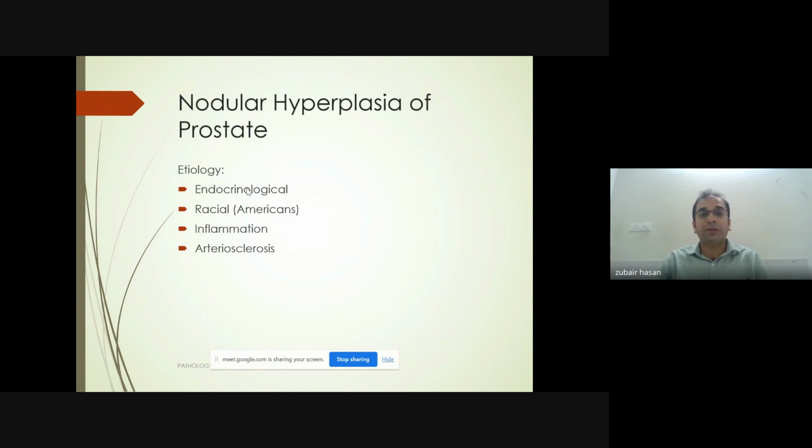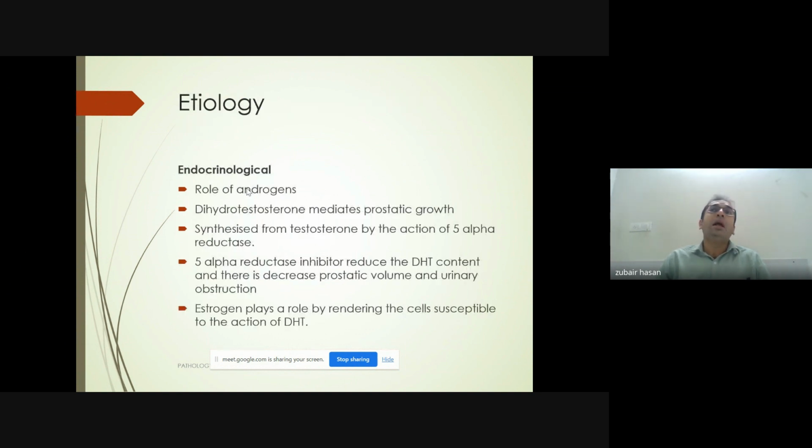What is the etiology? There are endocrinological factors, racial factors, inflammation, arteriosclerosis. BPH is androgen dependent. Dihydrotestosterone mediates the prostatic growth, synthesized from testosterone by the action of 5-alpha reductase. Therefore, 5-alpha reductase inhibitors help in reducing the DHT content, thereby decreasing the prostatic volume and urinary obstruction.